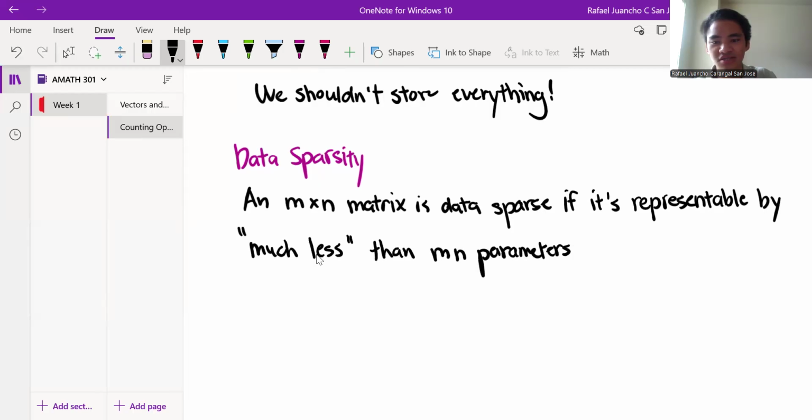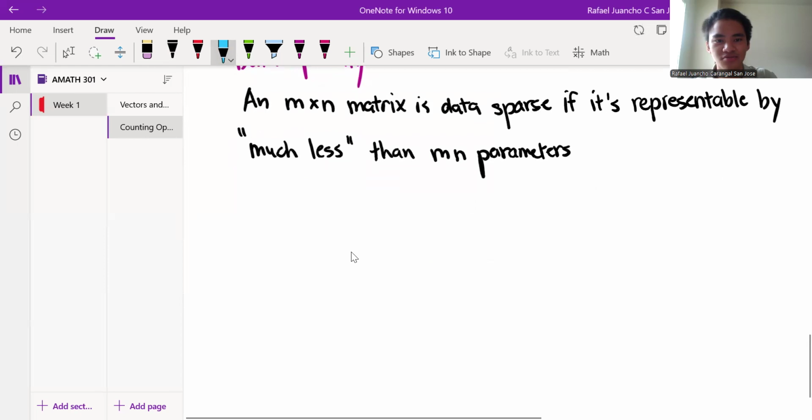So we're actually missing data here. That's what that means. Because we couldn't store everything in the m, m for row, and n for column. We couldn't store everything. So it means we have missing data there, right?